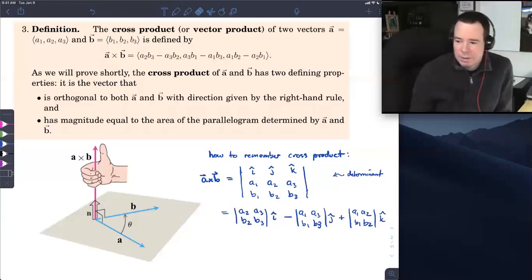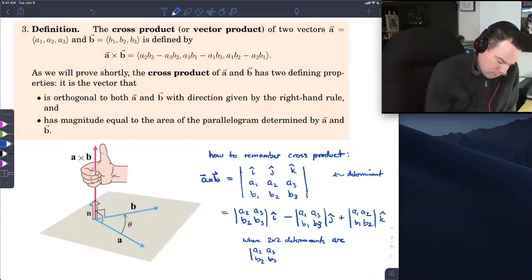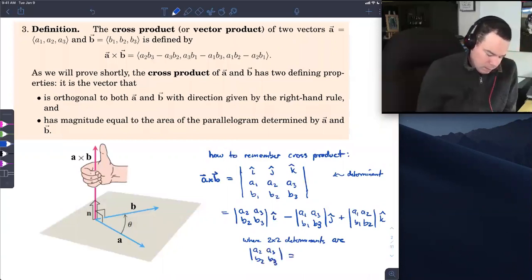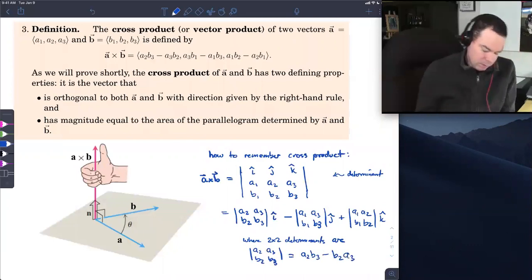Works well if you've already seen determinants, because now the 2 by 2 determinants are as follows. So for example, I'll do this one, B2, B3. You take the diagonal elements and multiply them together, which are A2 and B3, and then you take the opposite diagonal elements and multiply them together and take their difference.